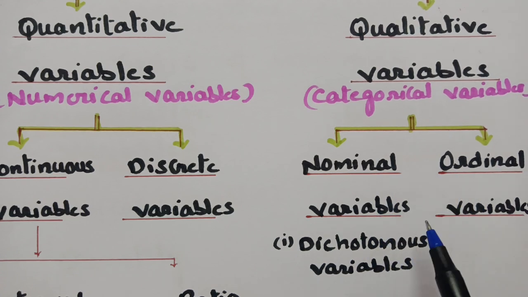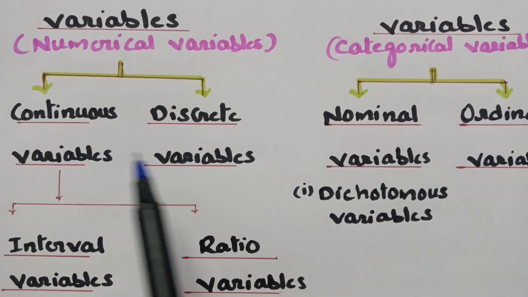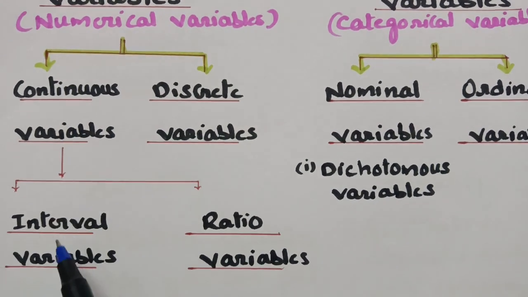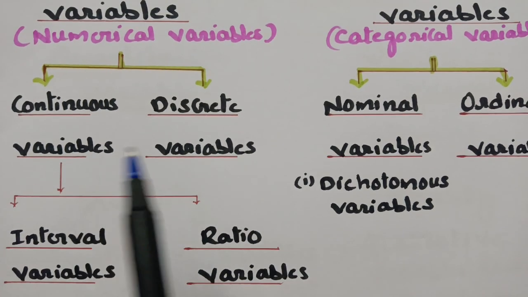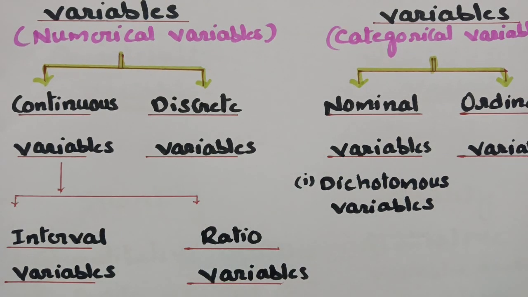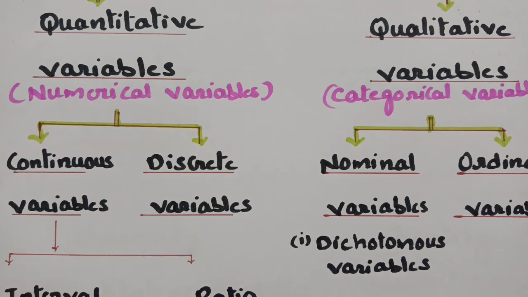So these are all the types of variables from the qualitative variables. And further, the continuous variables are further classified as interval variables and ratio variables. I'll be explaining each and every variable here, and you will get crystal clear clarity on the quantitative and qualitative variables and their subtypes, and each subtype is clearly explained.